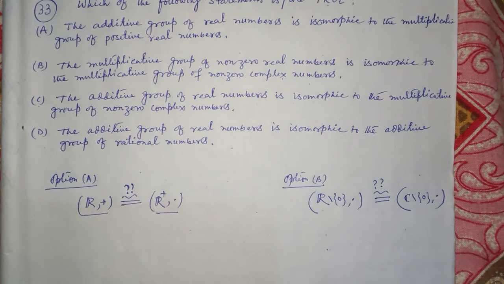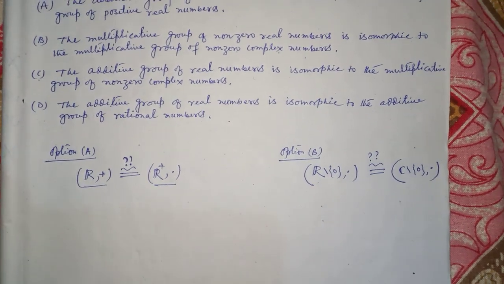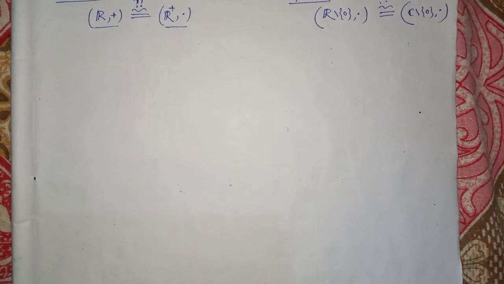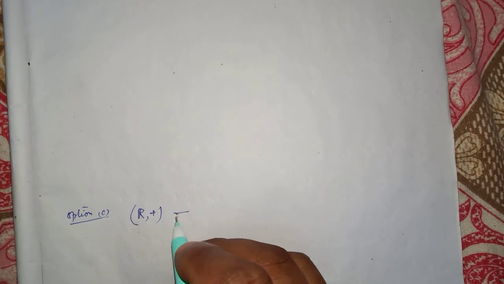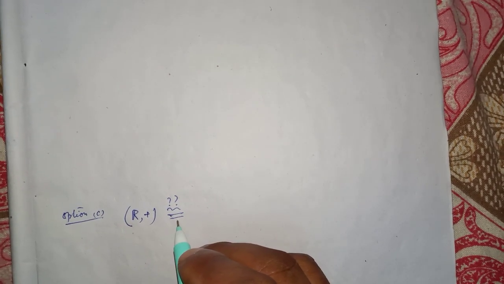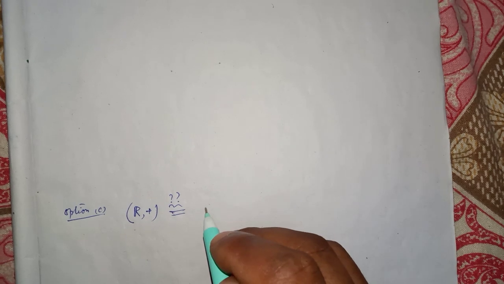Option C, the additive group of real numbers is isomorphic to the multiplicative group of non-zero complex numbers. Option C, the additive group of real numbers is isomorphic to the multiplicative group of non-zero complex numbers.